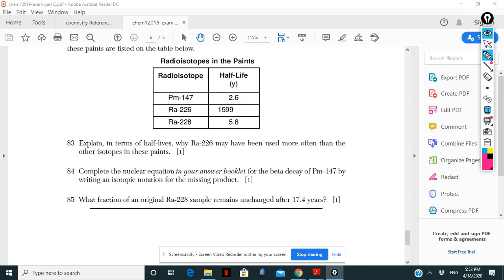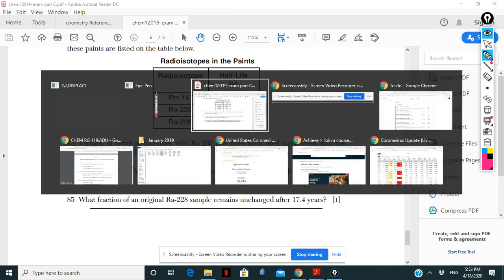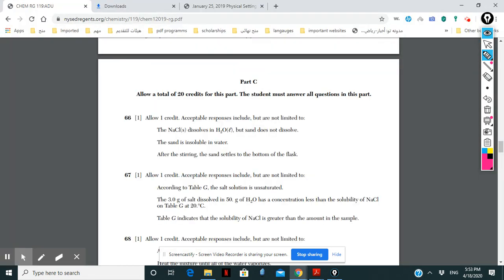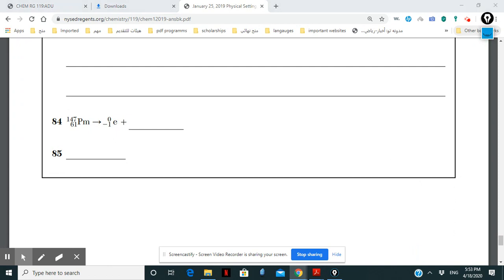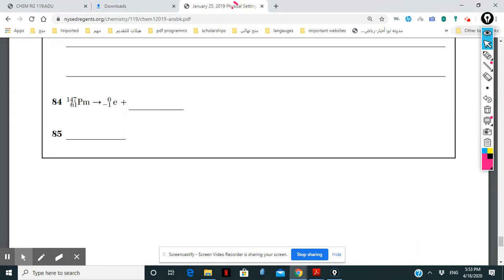So that's why. Complete the nuclear equation. So I'm going to the nuclear equation in the booklet. Okay, so before, the sum here should be 61. So what number added to -1 gives me 61? That's 62.